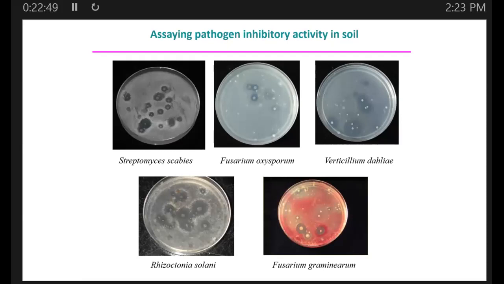And then we came back and spread the pathogens across the surface of the plate. So Streptomyces scabies, that's the one that causes potato scabs, Fusarium, Verticillium, Rhizoctonia, all of these are fungal pathogens. The Streptomyces are bacterial. So this is just an image getting you to think about kill zones again, competition.